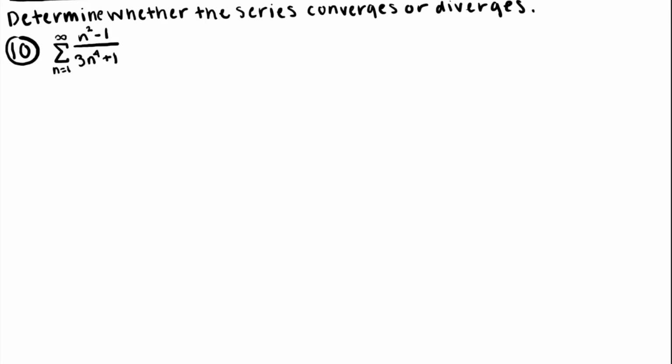For the next problem, we have the sum from 1 to infinity of n squared minus 1 over 3n to the 4th plus 1. So our a of n will be n squared minus 1 over 3n to the 4th plus 1.